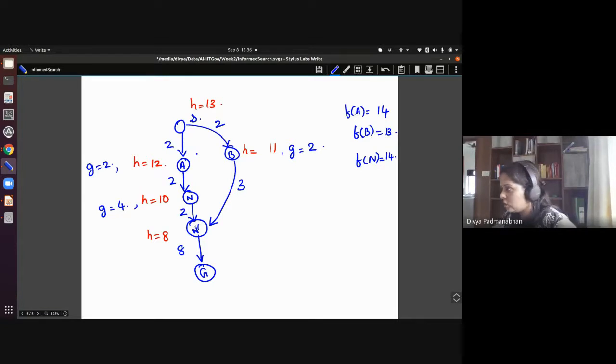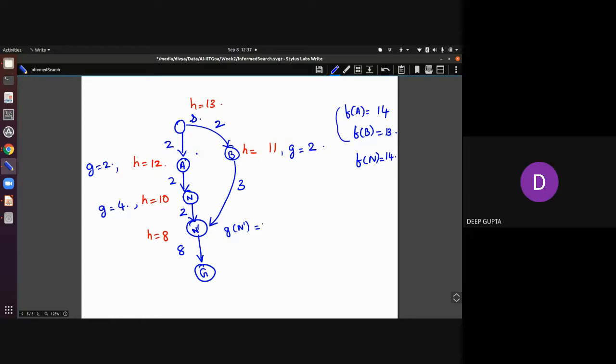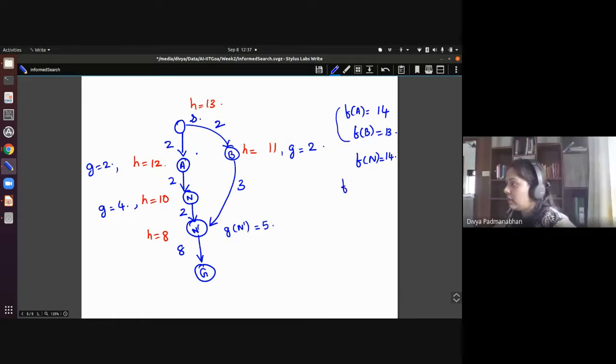Now let's come to n dash. You would have come from this path. If you trace the A star algorithm, you will push B, because out of A and B this was the lower value, and then you would come to n dash. Here g of n dash is going to be 5, so f of n dash is going to be 13.